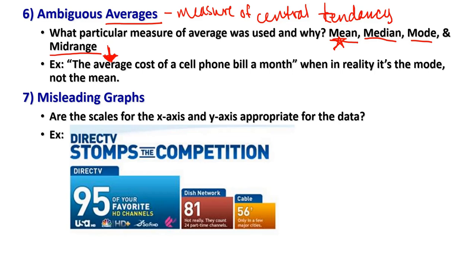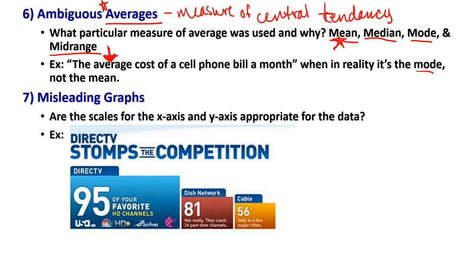Like if they took all their customers and added up all their costs for a given month in the state of North Dakota and then divided by all the residents that are T-Mobile members, versus if that's the mode or the median. So what I'm trying to say is if they don't actually specify how the average was calculated, just be cautious of what advertisements are trying to tell you. It may not be the actual calculated mean.